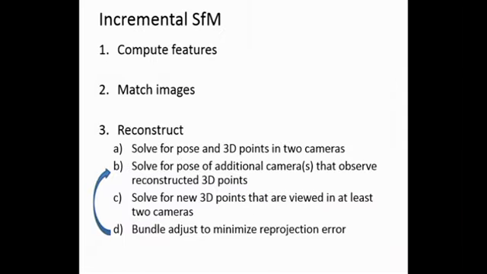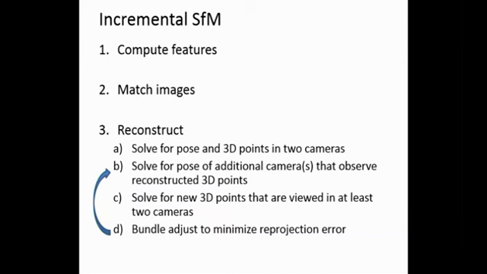So this is the broad outline for incremental structure from motion. You first compute features, so typically SIFT or something like that. Then you match images to each other by matching features and solving for a transformation between the images and finding inliers.